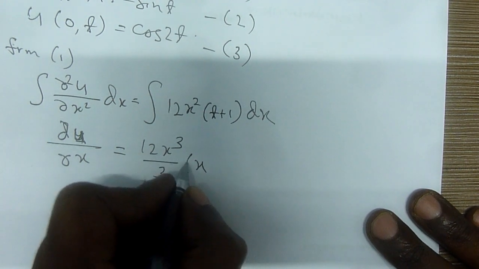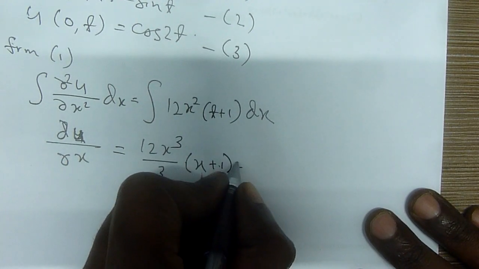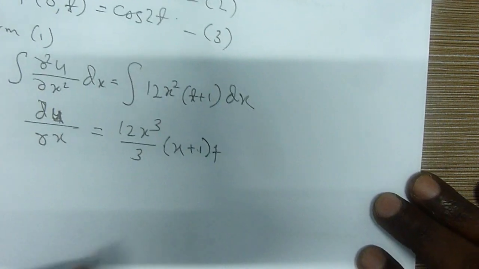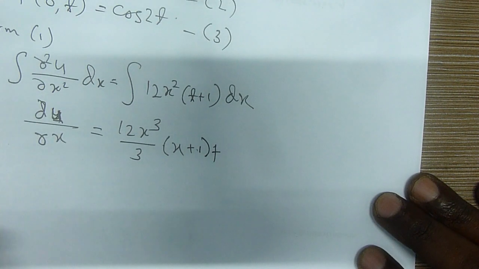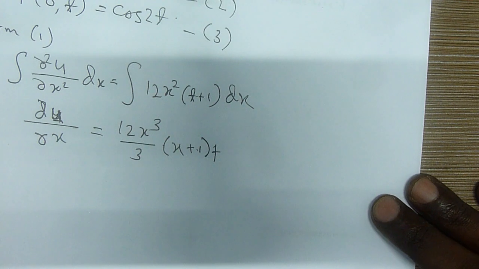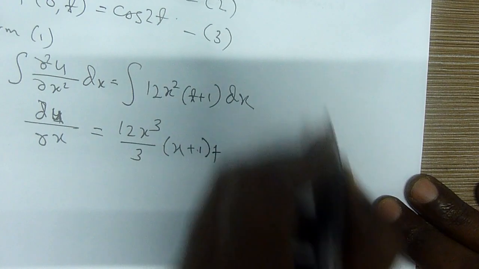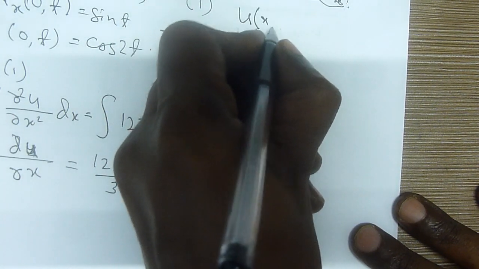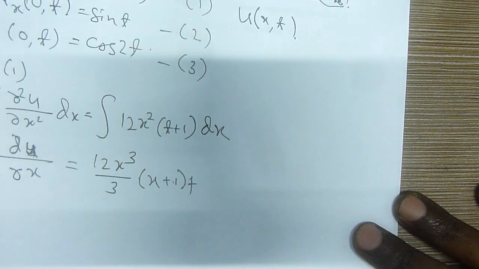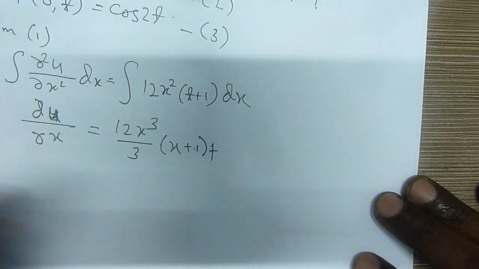Now, what do I need to write? Can I write a c here? Is it right? No, you're wrong. Why? Because u is a representation of x and t, so it is a partial derivative.